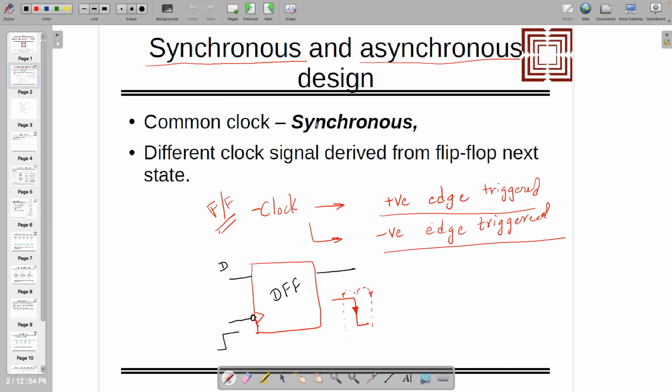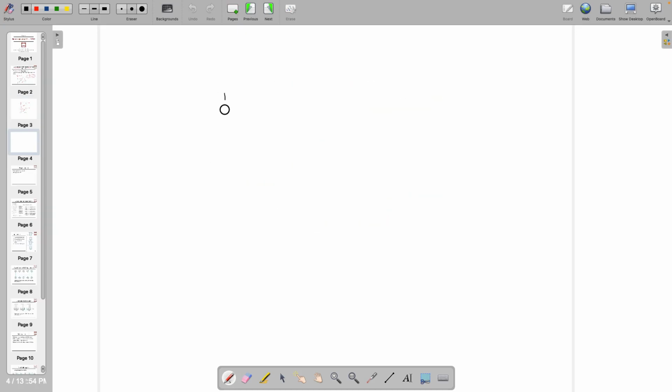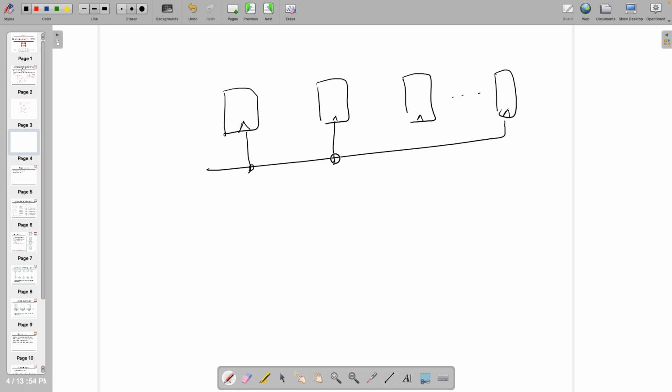So synchronous is the one where all the clocks are common. If there are 100 flip-flops, then also all flip-flops will have a common clock. They are controlled by only one clock. It has lots of disadvantages also.